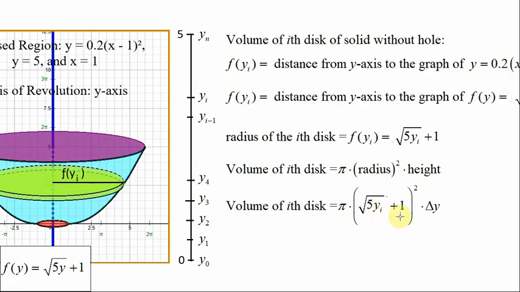And plus 1. And then the height of this ith disk, or the thickness of the disk, we call it delta y. And so this is the volume of this ith disk.